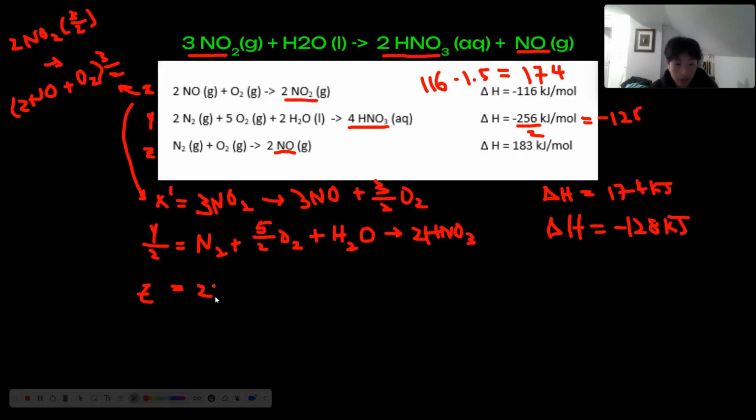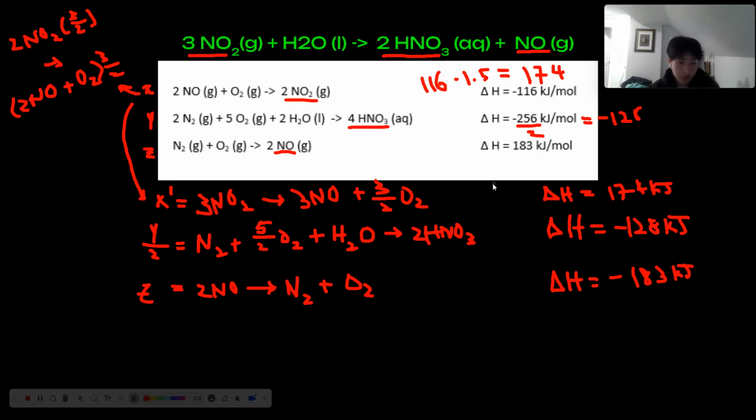So I will reverse this equation, so it will be 2NO will yield N2 plus O2. And our delta H, since we flipped the reaction, will be negative 183 kilojoules.